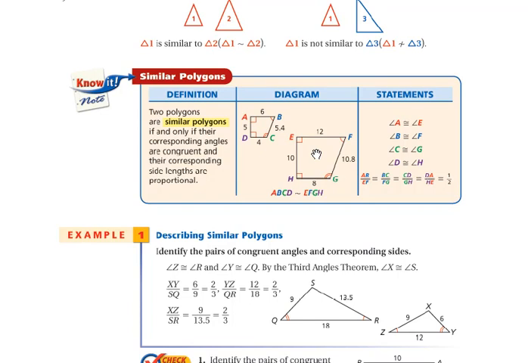They need to be the same measure, and that goes for all corresponding angles of both polygons. And then also the corresponding sides should be proportional. There's a proportionality between the corresponding sides as well.